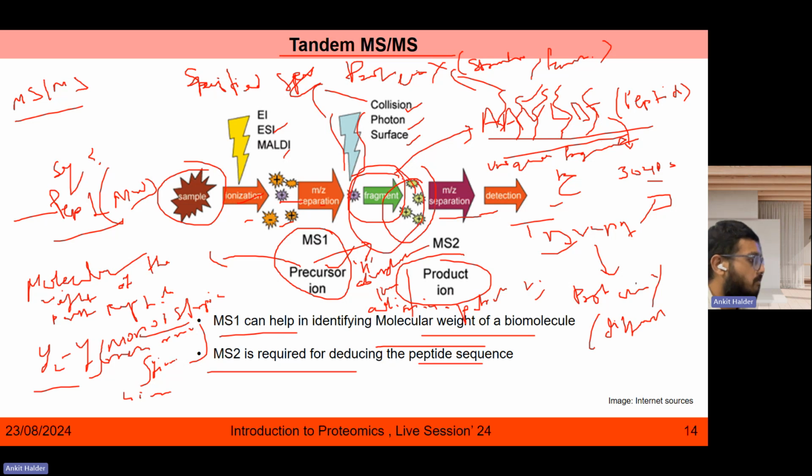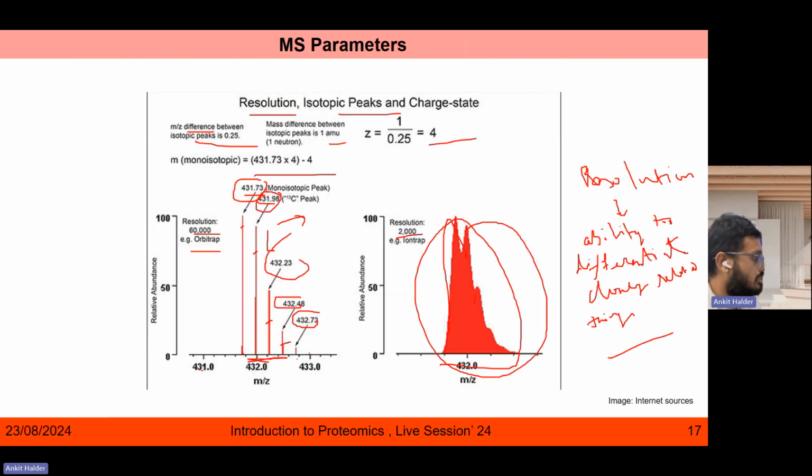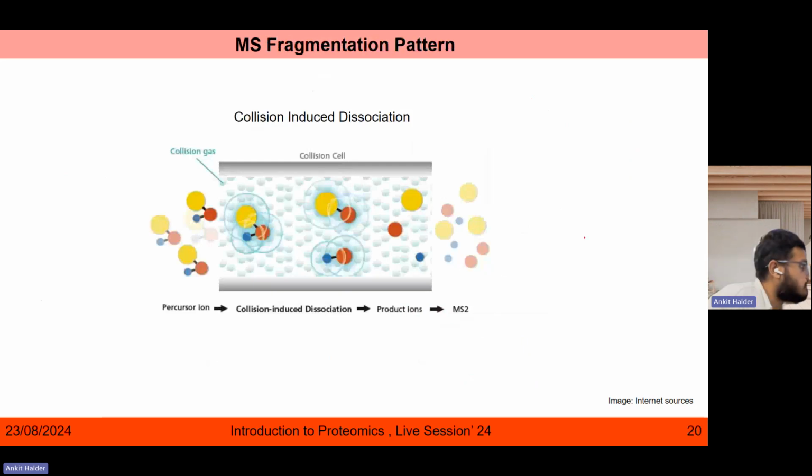So now these fragments become crucial. How does that fragmentation happen? It cannot happen the way the ionization was done before. Here it is collision induced dissociation.